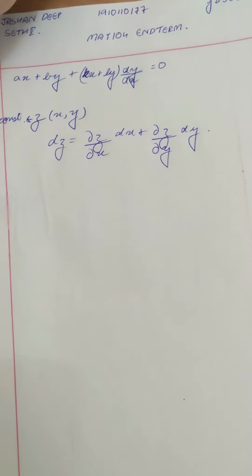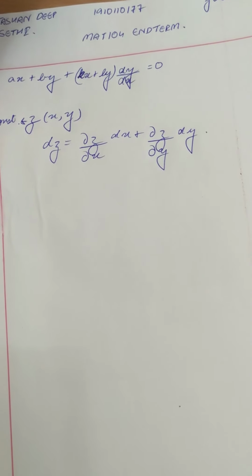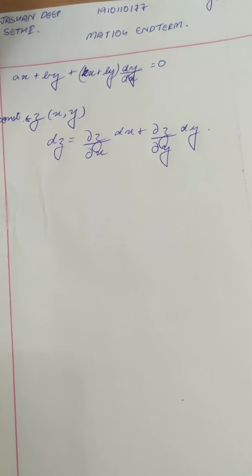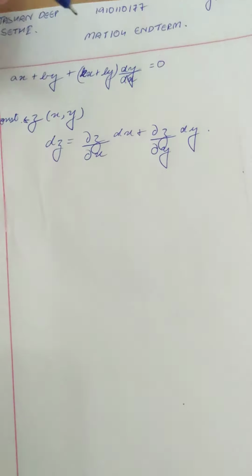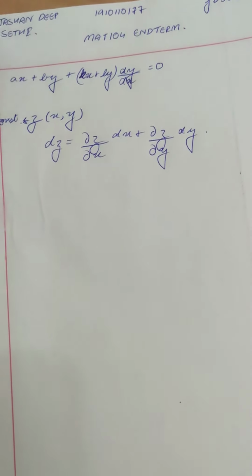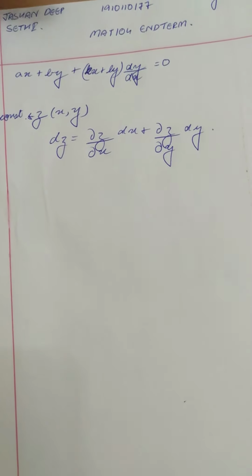Now what is the reason for taking z as constant? The simple reason is that this particular condition would suppress a 3D graph into a 2D graph, which would give us contour lines, right?